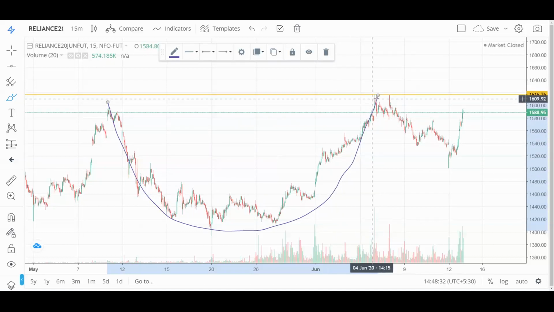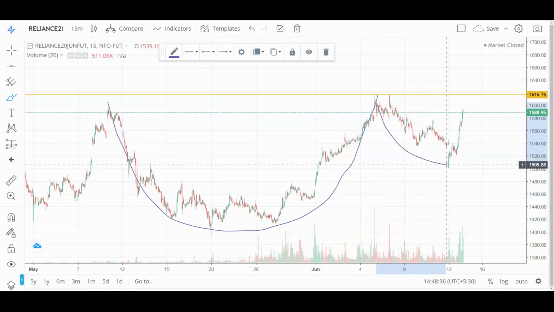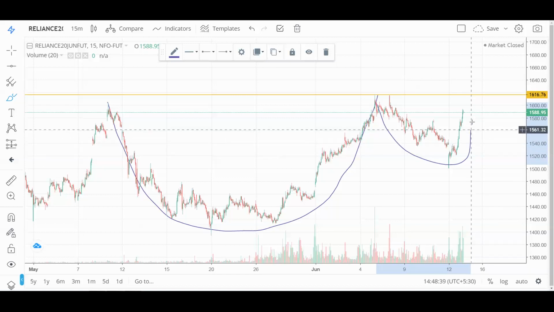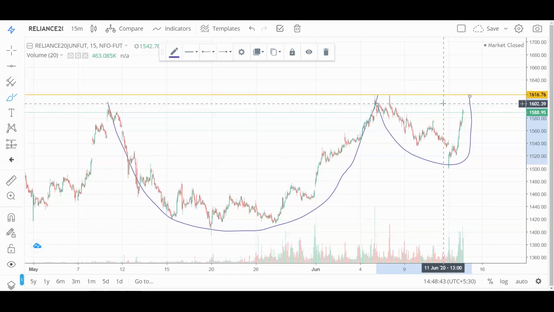So this is the cup and this one is the handle. So it is very close to our resistance now.